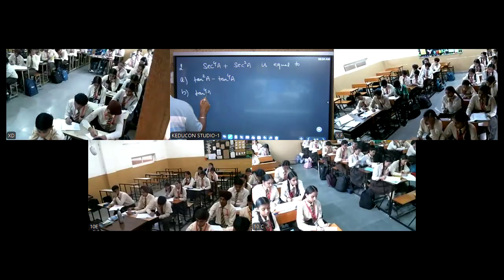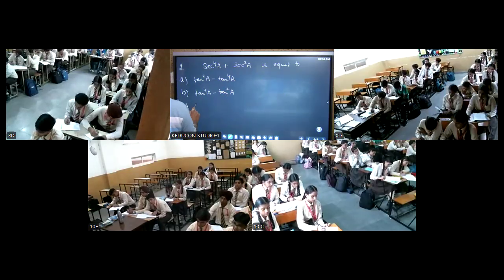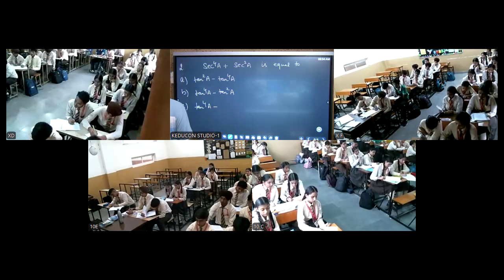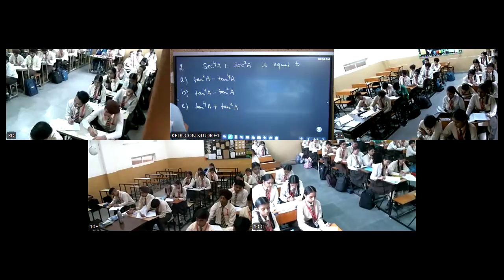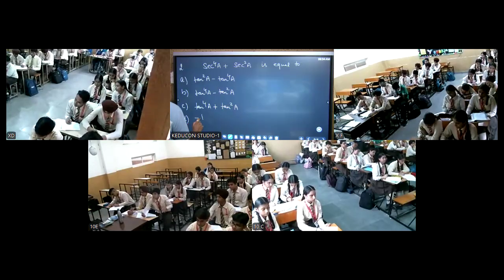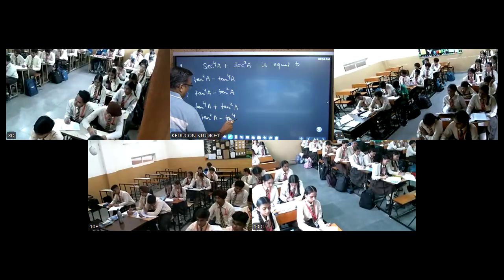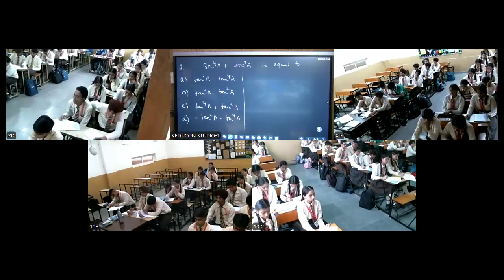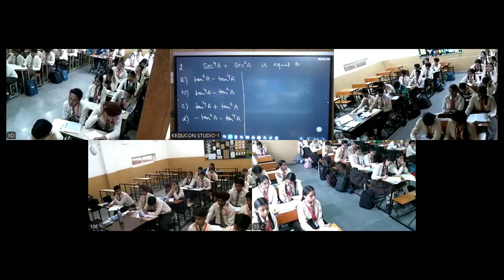Tan 4A minus tan square A. Tan 4A plus tan square A. Then minus tan square A minus tan 4A. This is the question, students. You have to check whether secant 4A plus secant square A can be expressed in any of the following forms.